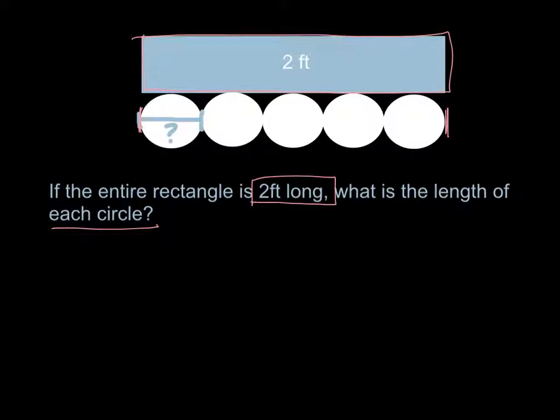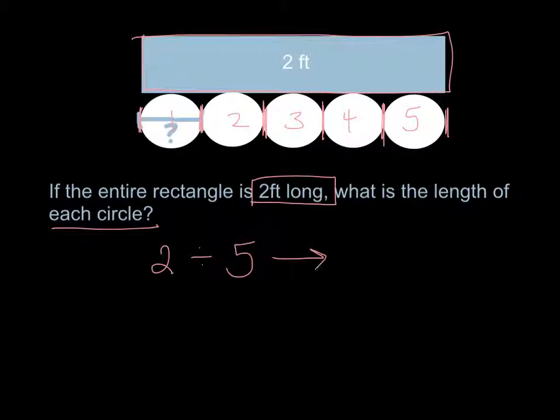So the first thing I want to do is count how many circles are divided up between this 2 feet. And there are 1, 2, 3, 4, 5 circles. So in this case, a 2-foot rectangle is being divided by 5 circles.